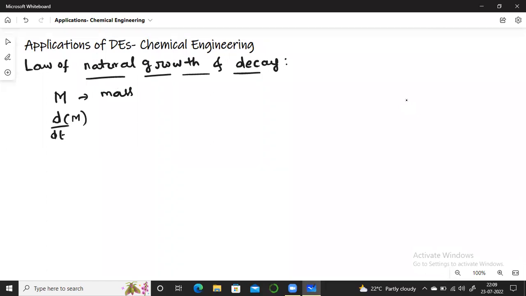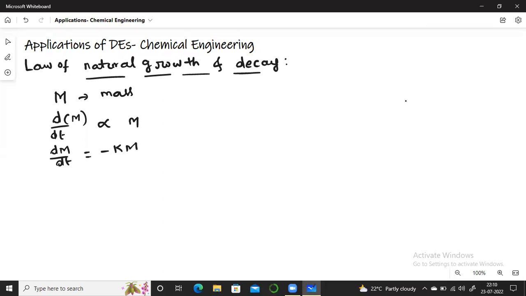It is directly proportional to the mass of the body at that particular instant. That is the concept. It means the rate of change of mass of a particular chemical element is directly proportional to the mass of the body at that time. So now dm by dt, removing the proportionality, I can write minus k into m.